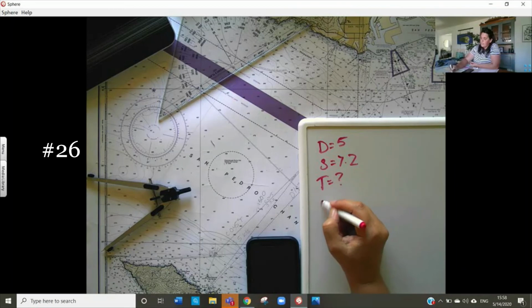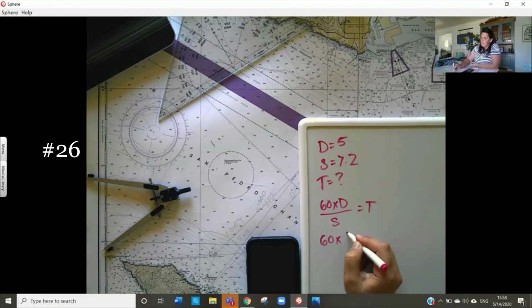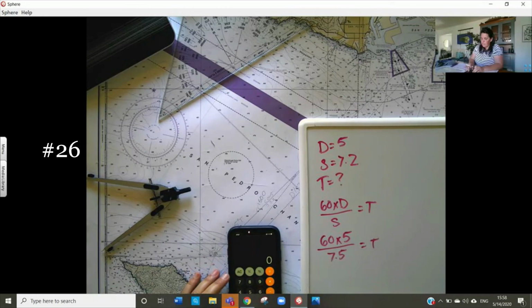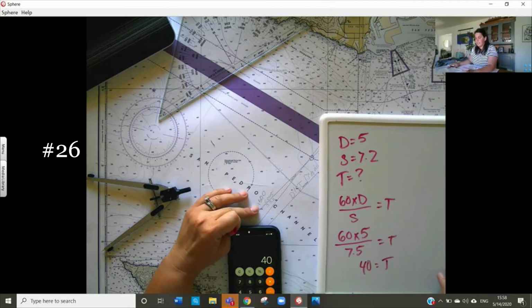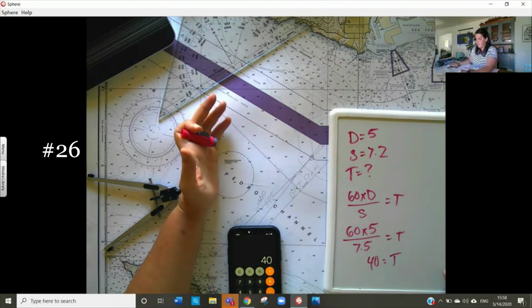So we have 60 D divided by S gives us T. 60 times 5 divided by 7.5 gives us T. Let's see how long that'll take us. 60 times 5 divided by 7.5 gives us 40 minutes is our time. And if that's 1500, our ETA would be 1540.